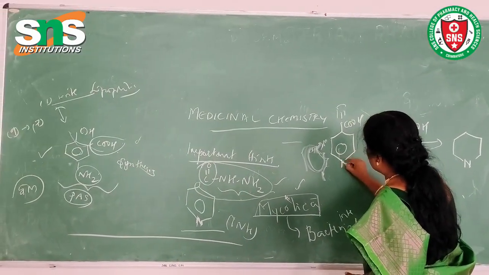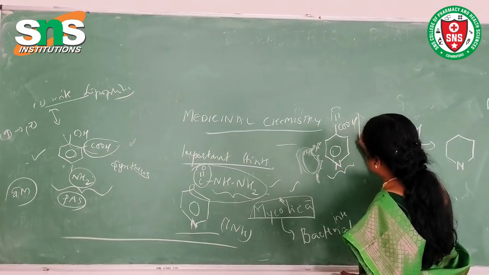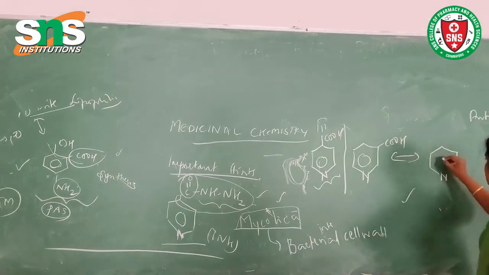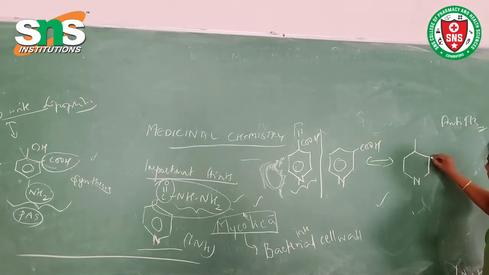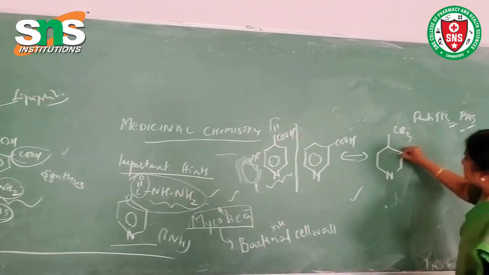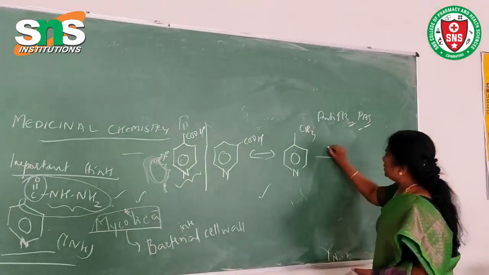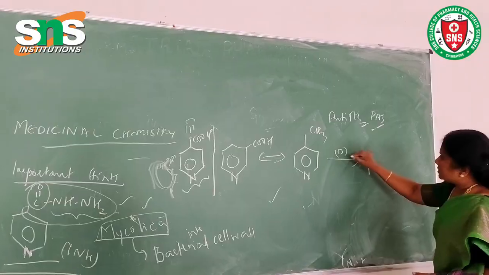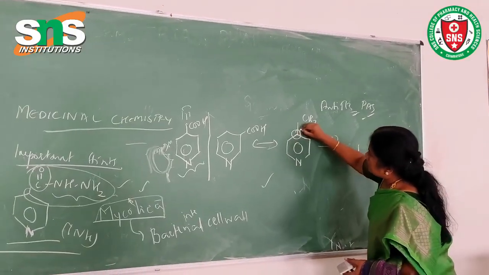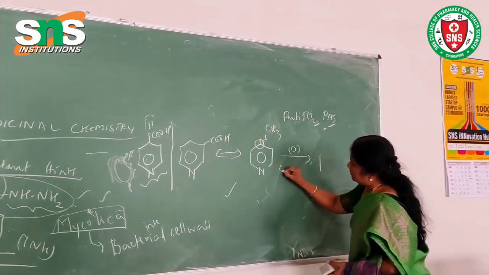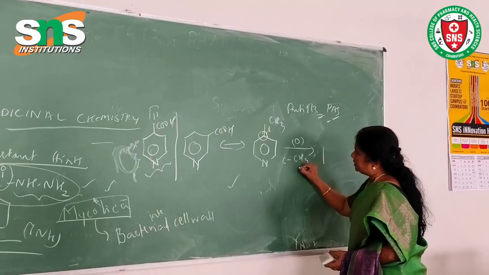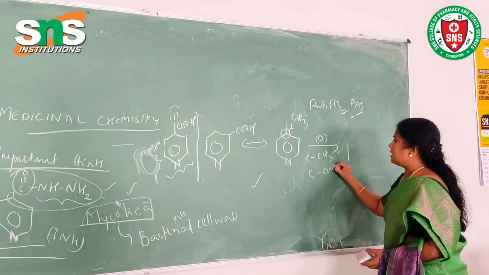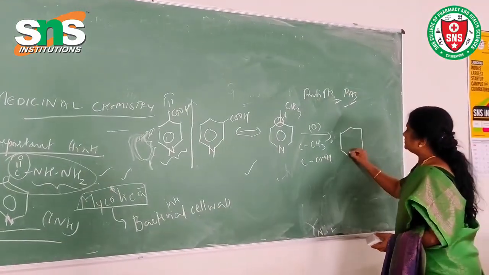So this is gamma picoline; sorry, this is isonicotinic acid. These are alpha, beta, gamma picolines. This gamma picoline undergoes oxidation. This is the Kuhn-Roth method of oxidation, where the C-methyl group gets converted into a carboxylic acid.